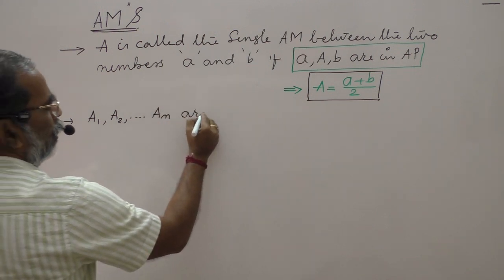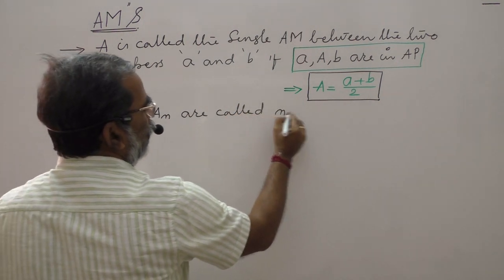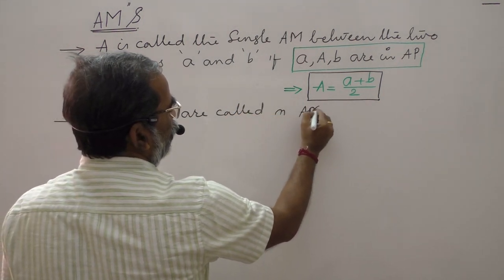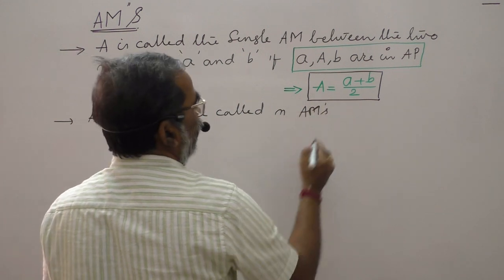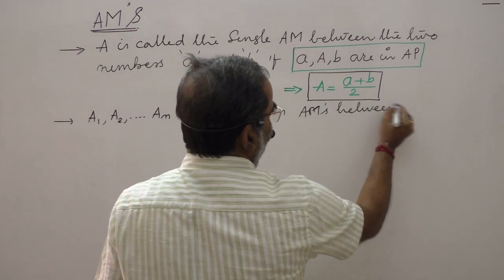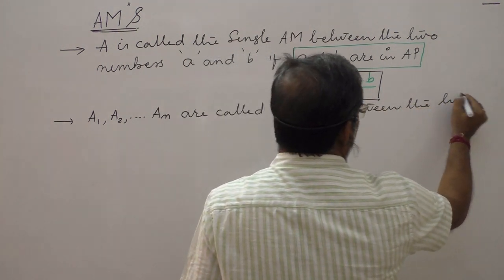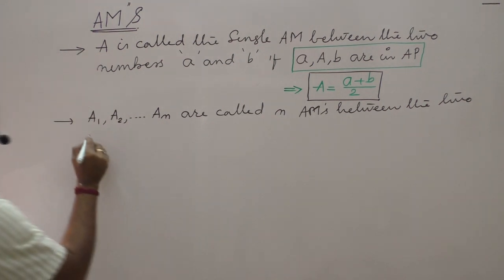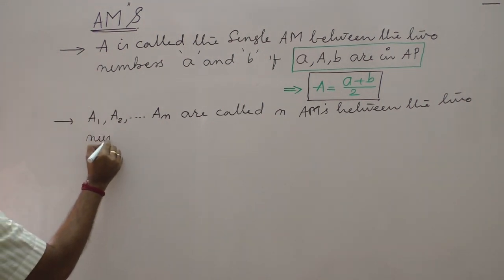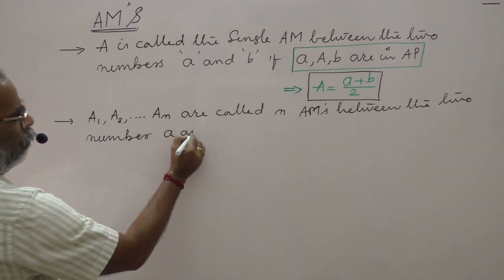These are called n AMs, arithmetic means, between two numbers small a and b.